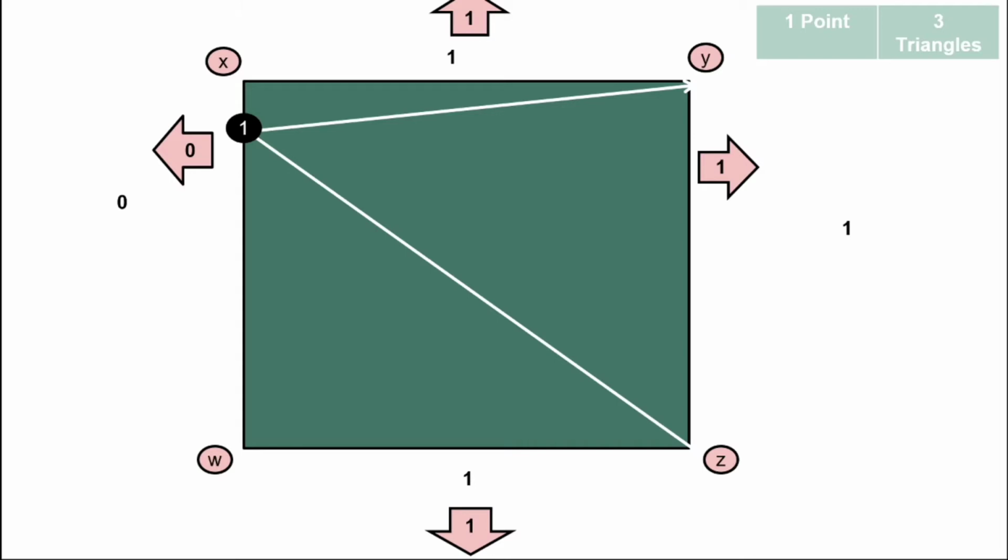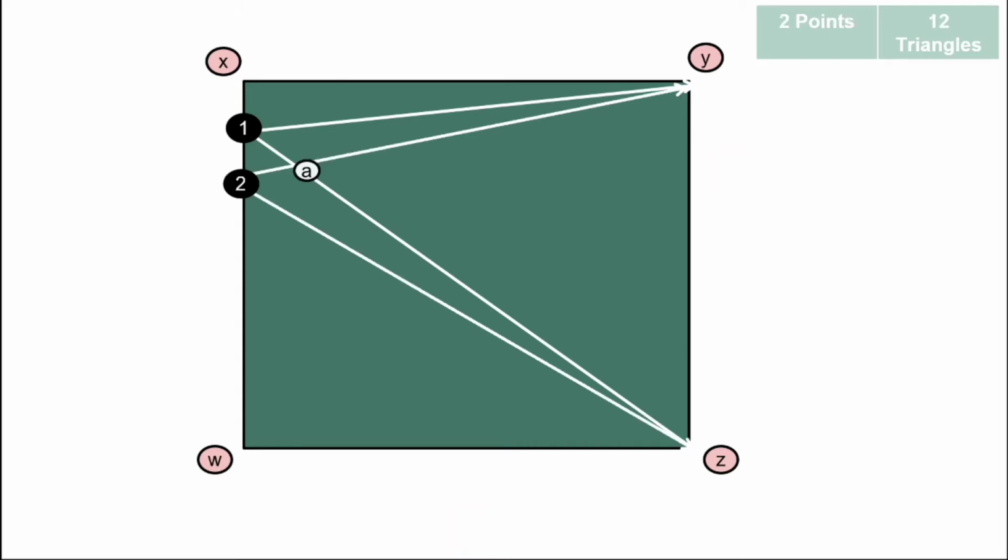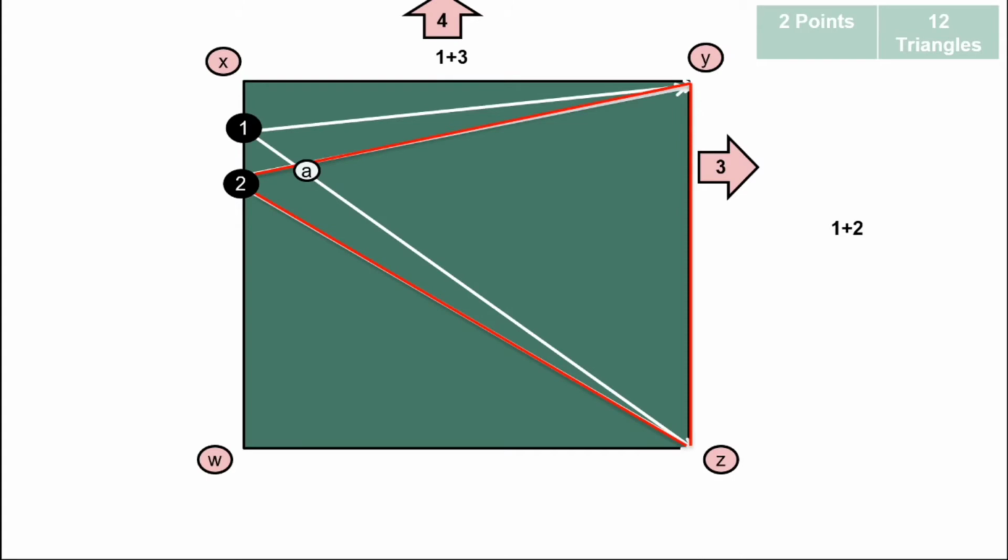So on the first point, we have 3 triangles formed. On the second point and the intersection point A, on the top, we have 4 triangles: 2XY, 21Y, A1Y, and A1Y. On the right side, we have an additional 2, which are 2YZ and AYZ.